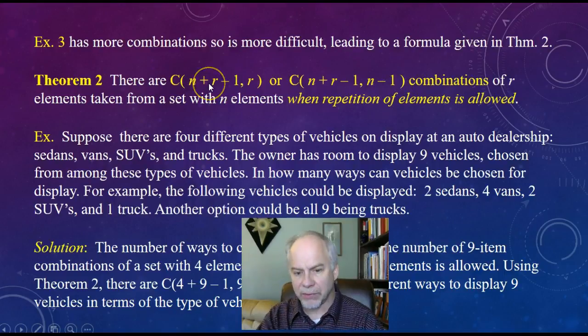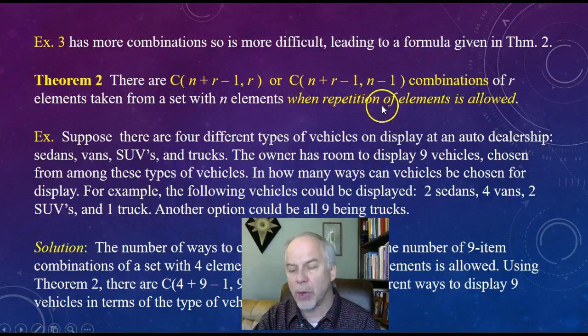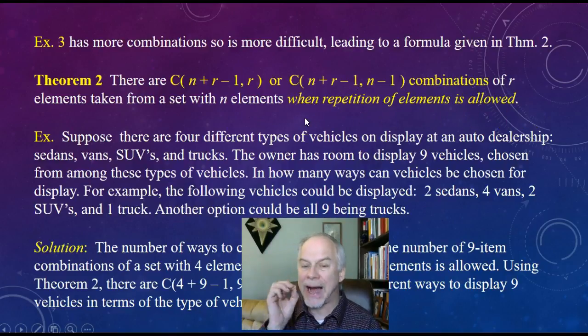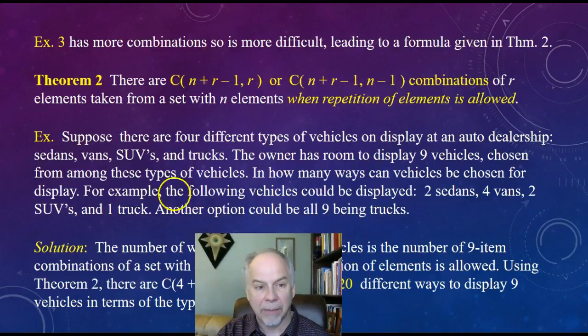So it's going to use the previous formula for combinations, but it uses n + r - 1 as the n here. This is used when you're trying to find combinations of r elements taken from a set with n elements when repetition of elements is allowed. So this is what you use when repetition is allowed and you're doing combinations. All right, so this is an example of that.